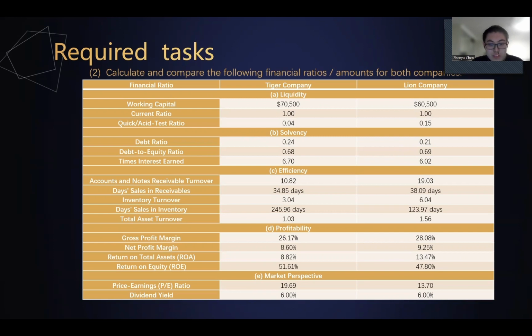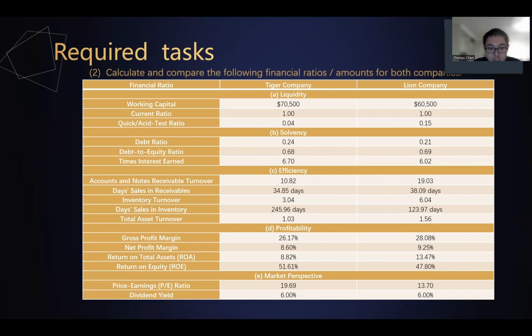In solvency, both companies have relatively low debt ratios, with Tiger Company at 0.22 and Loin Company at 0.21. It suggests that they have a comparable level of debt relative to total assets. The debt to equity ratios for both companies are also relatively low, likely showing that they have a reasonable balance between debt and equity financing.